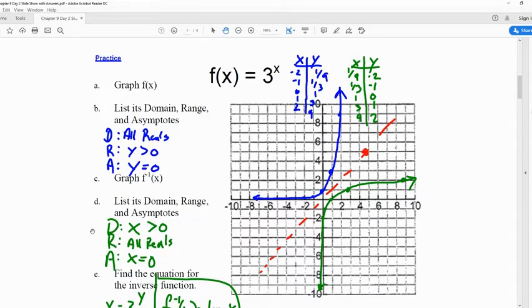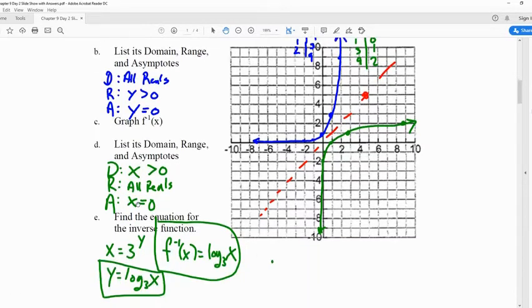That should not be a surprise as we compare these two. Realize with inverses, we're switching the x and the y, so the domain and the range are going to switch, and the equation of my asymptote is going to switch. Find the equation for this inverse function. I switch the x and the y, so x equals 3 to the y. The only way I can solve that for y is to use logarithms.